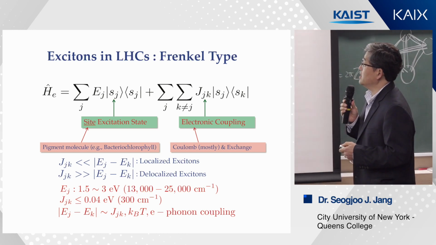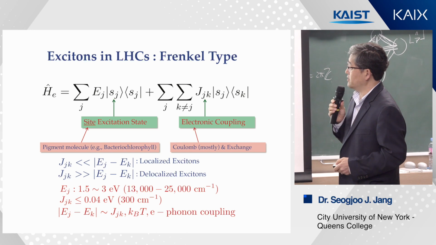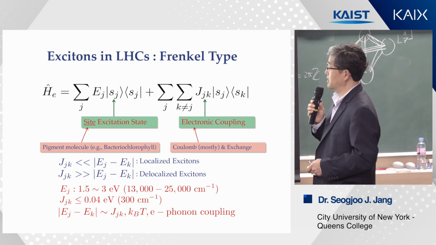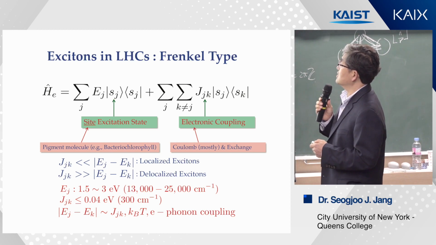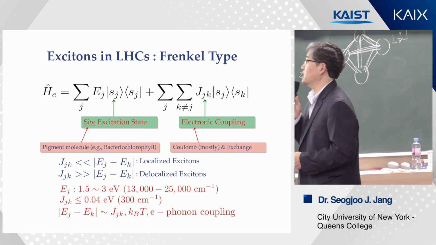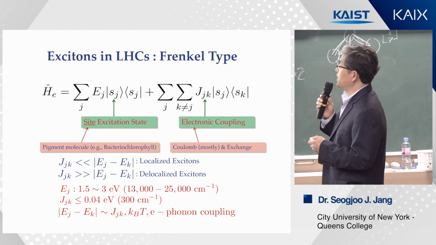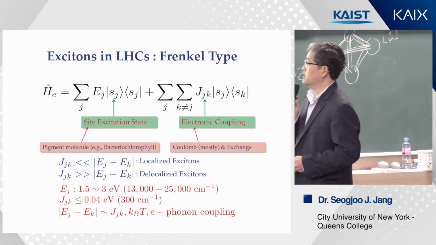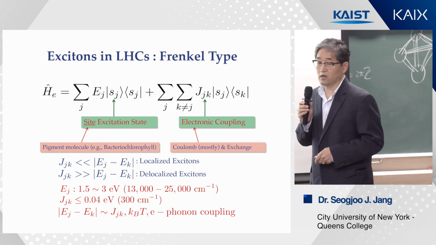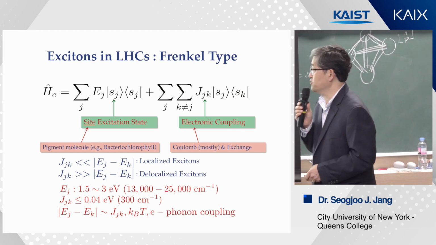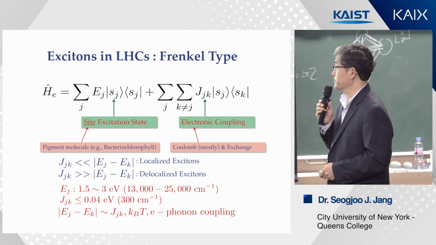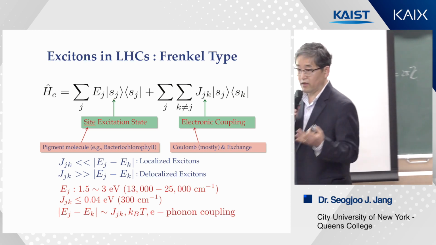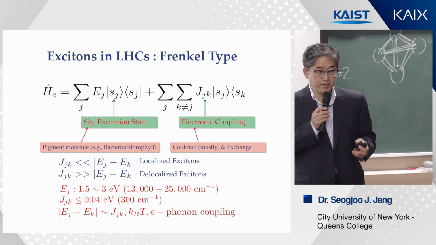Of course, each individual electronic excitation energy is very large, about 1.5 to 3 electron volts. On the other hand, in most light-absorbing complexes, the electronic couplings are less than about 300 wave numbers, which is just of the order of room temperature thermal energy. But what is important is that they consist of similar pigment molecules.